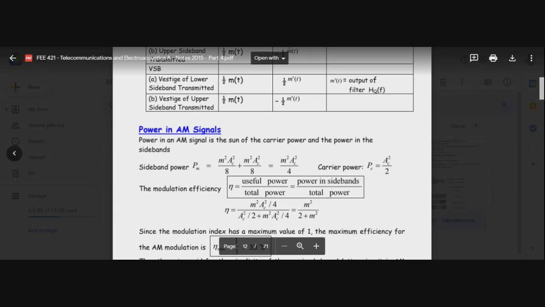So you're going to get m squared AC squared over 4. AC is the amplitude of the carrier, and m is the modulation index.